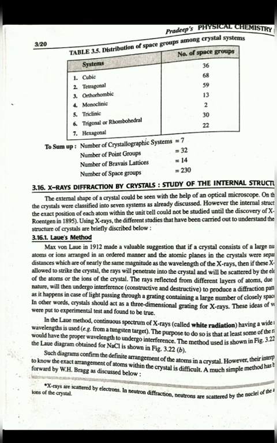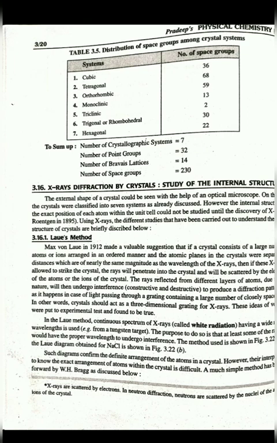The rays reflected from different layers of atoms, due to wave nature, will then undergo interference, constructive and destructive, to produce a diffraction pattern, just as it happens in the case of light passing through a grating containing a large number of closely spaced lines.